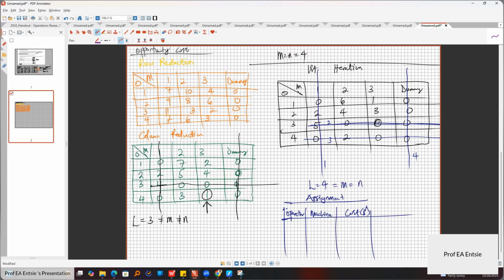Operator one can be assigned to what? Can be assigned to one because there is a zero here. We don't assign a dummy, don't forget that. Dummy is just there to make the program balance. We don't assign.